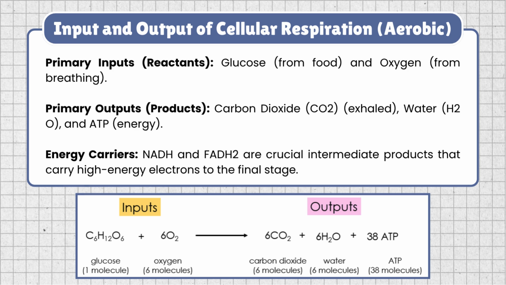It is also important to mention the energy carriers, or electron carriers, NADH and FADH2, because they are crucial intermediate products that carry high energy electrons to the final stage. It is also very important to take note of these two electron carriers as we go along the discussion.